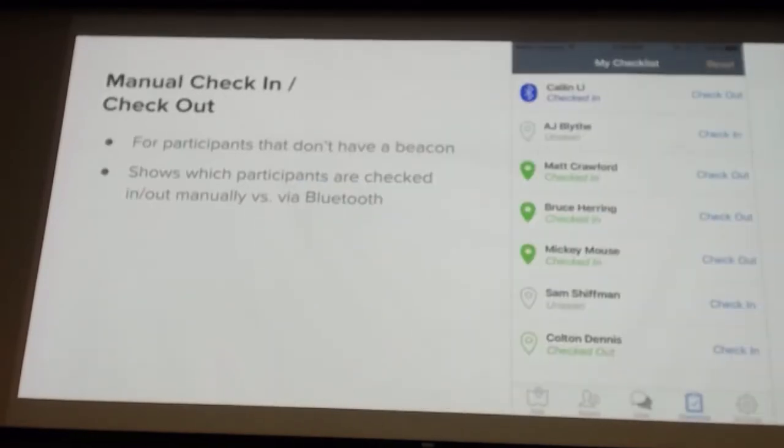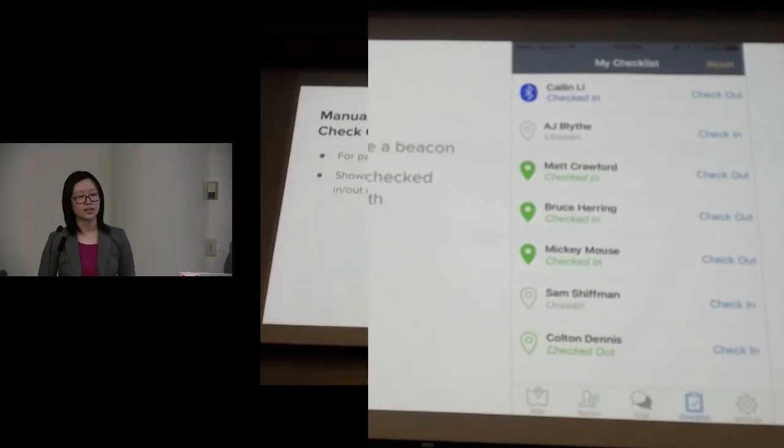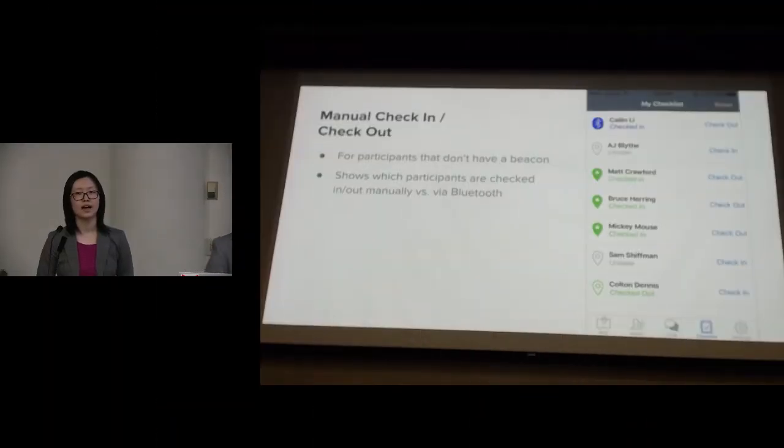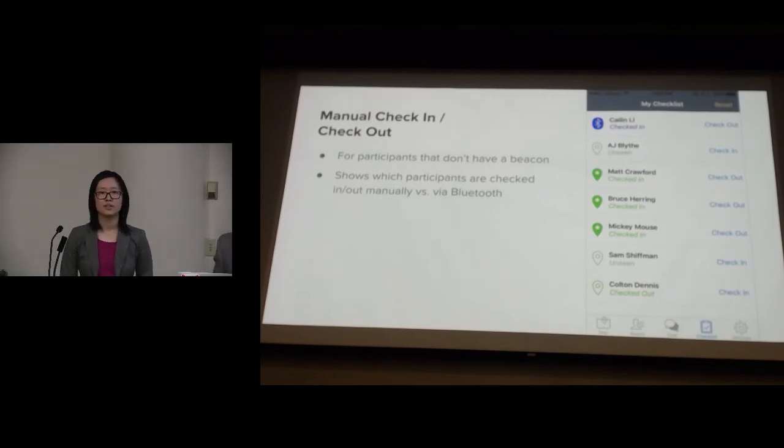And another feature we added is manual check-in and check-out for participants that don't have a beacon. As mentioned before, they're optionally assigned because event organizers may not have enough beacons to give to every single participant. This is also useful if someone's beacon is broken or low on battery.